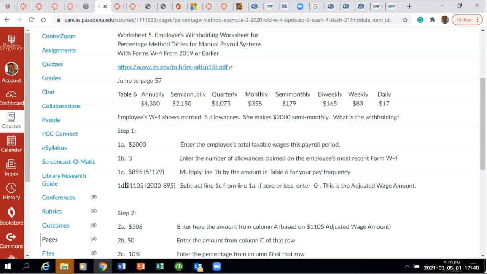Perfect. So that's what I'm going to calculate my taxes on now. It went down because for semi-monthly I get a 179 credit times 5, which is 895. So I only pay taxes on 1105.